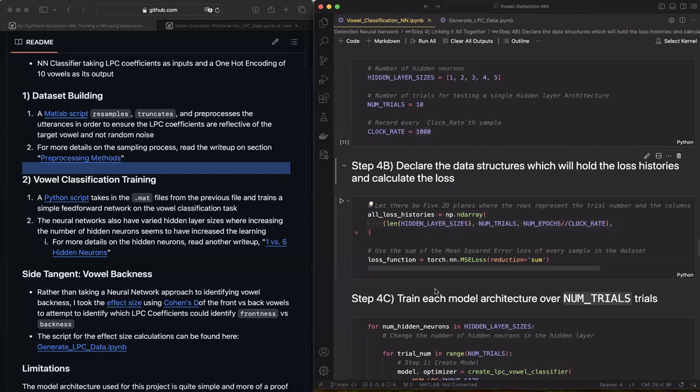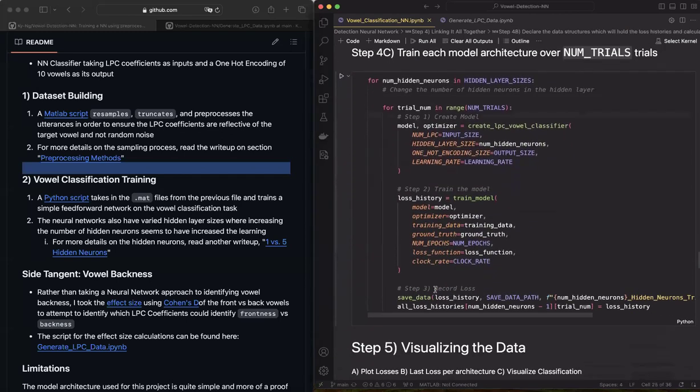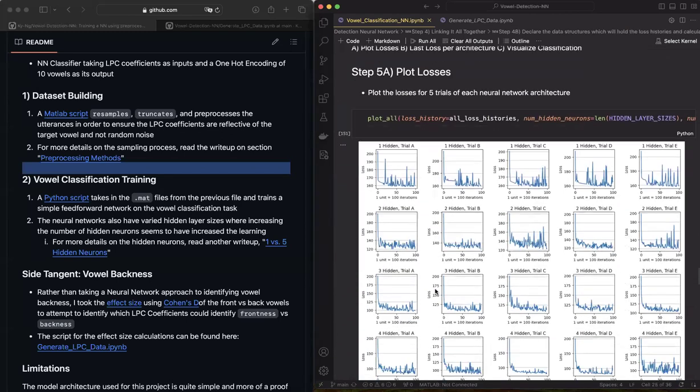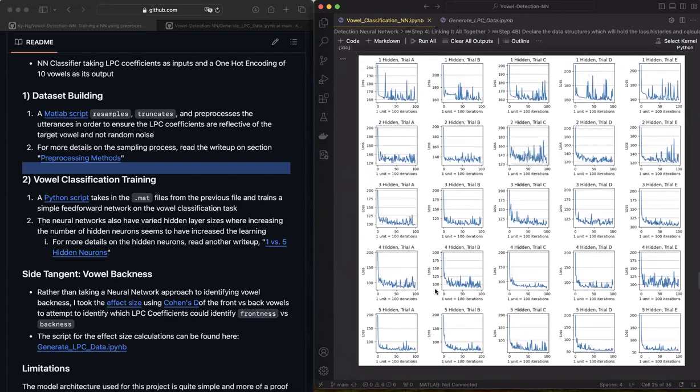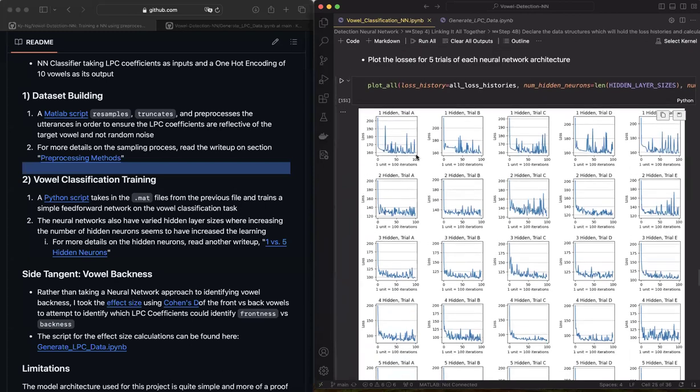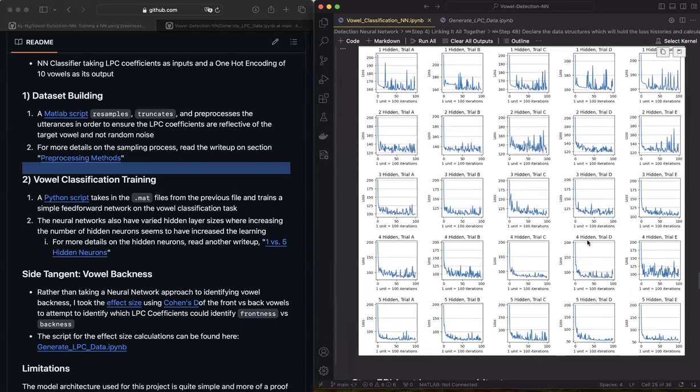All right, so essentially we let this run many times. And as we aggregate our data, here are our results. After doing 10,000 training iterations, it seems that we have the best loss using 5 hidden neurons.